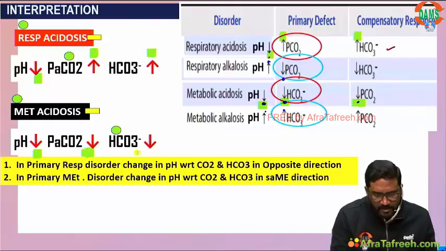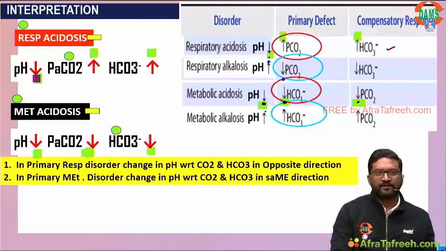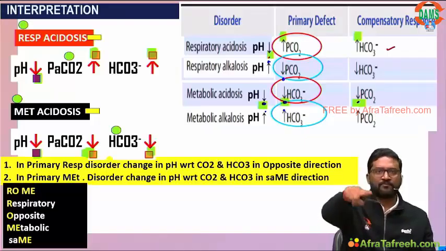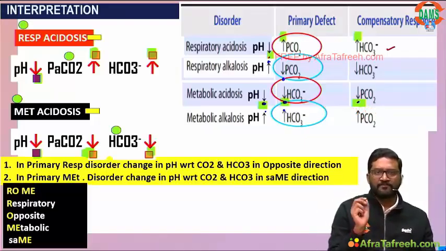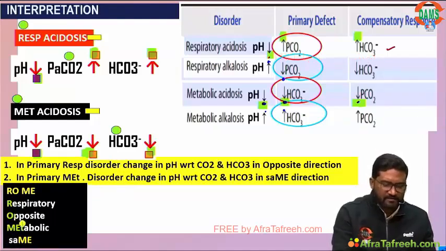Here they will be in the same direction. Even if you forget this logic, don't forget this mnemonic called ROME, Rome. Because whatever ABG questions they have asked, it was only revolving around this concept. They'll ask you what is the primary disorder, is it acidosis or alkalosis? So ROME: respiratory, it is opposite; metabolic, it is same.